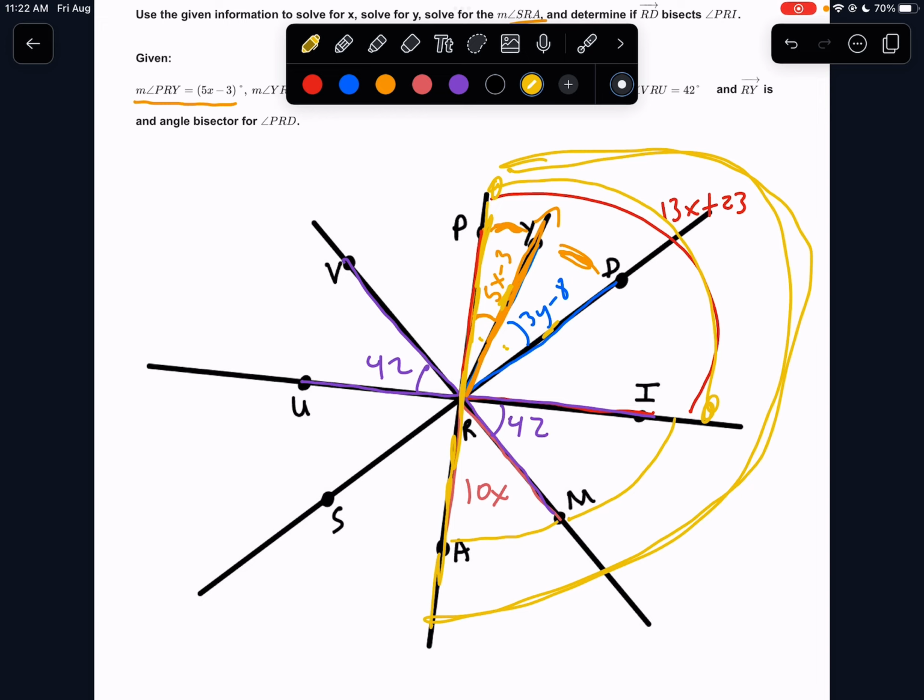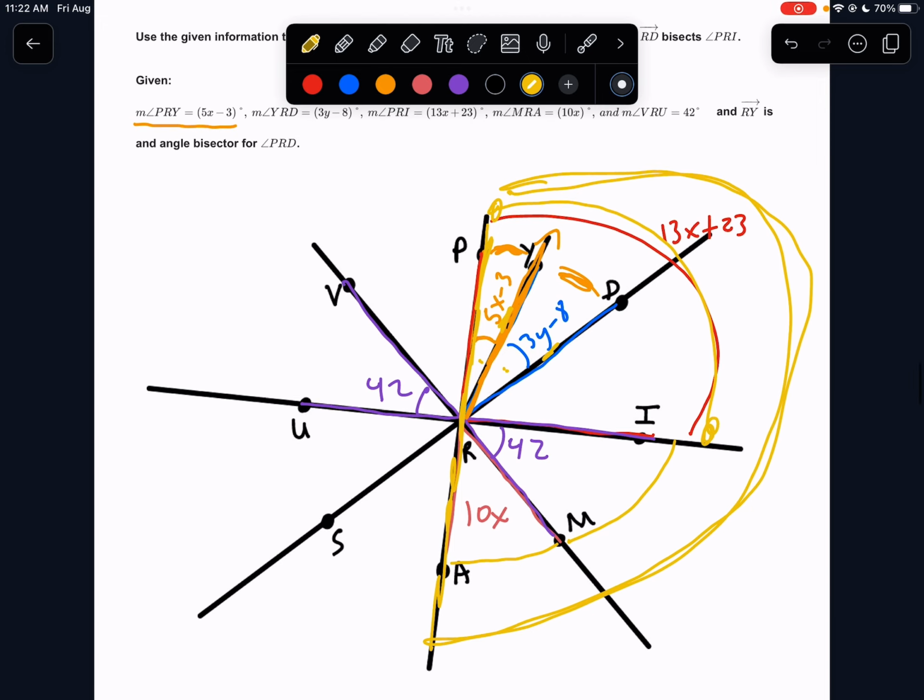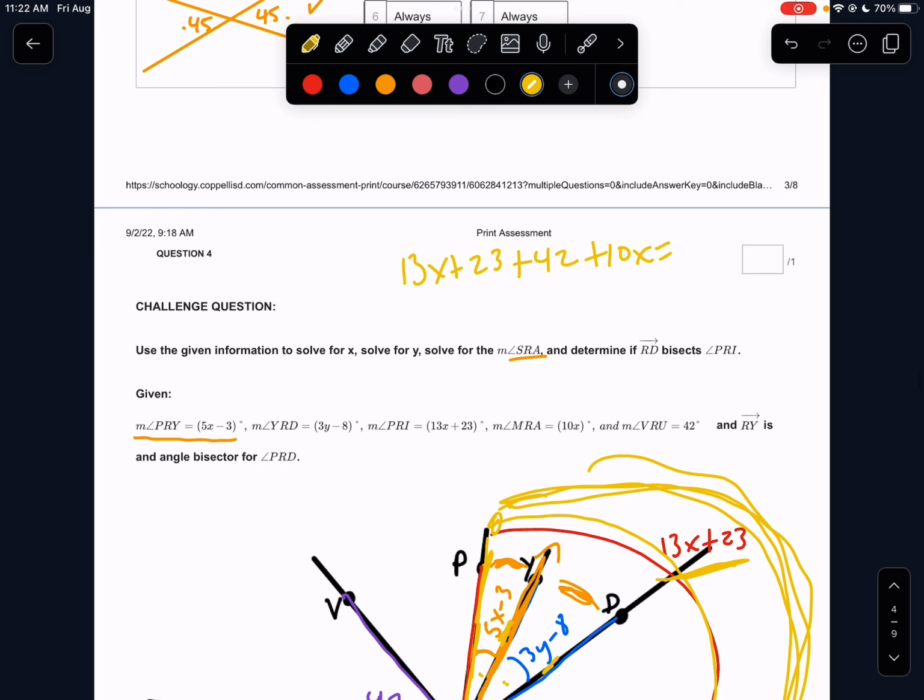I don't want to erase everything right now, but I'll erase it at the end just to show you. We have an entire line's worth of angles, and it uses x, a constant, and an x. That's only the letter x. We know all of those have to add up to 180, so we can actually solve for x now.